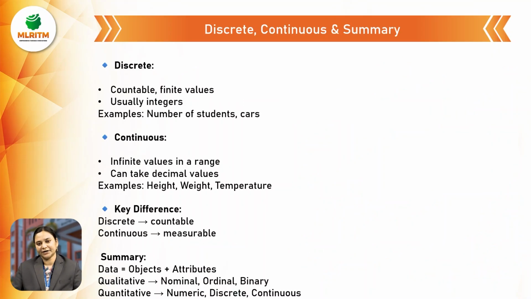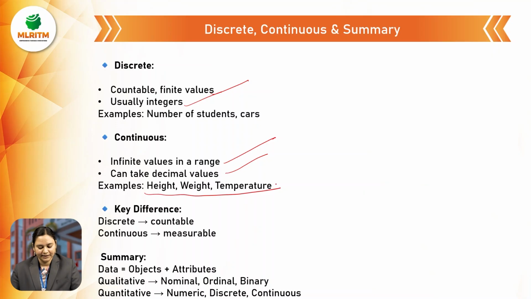Next one is discrete and continuous. In the discrete attributes, we observe countable and finite values. Usually we use integers only. For example, number of students in a class or number of cars in a ground. Like that we define the discrete. And the next one is continuous. In the continuous, the definition is infinite values in a range. It can take decimal values also, and the examples are height, weight, temperature.